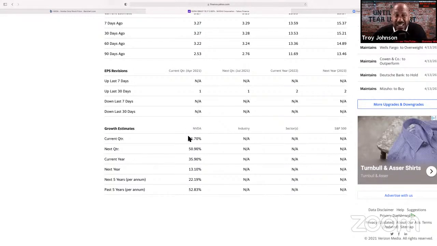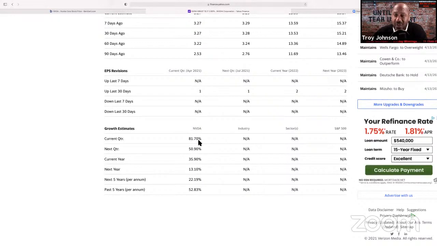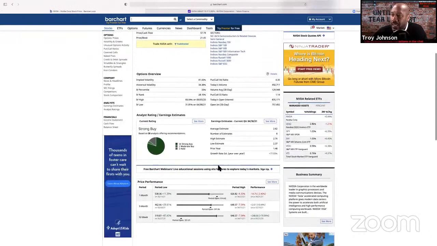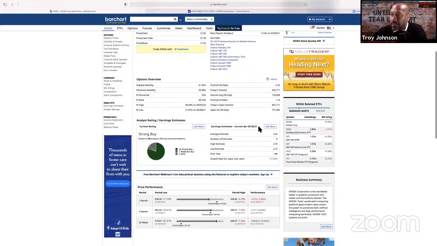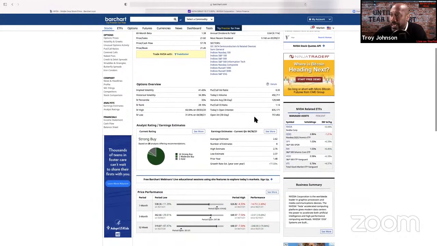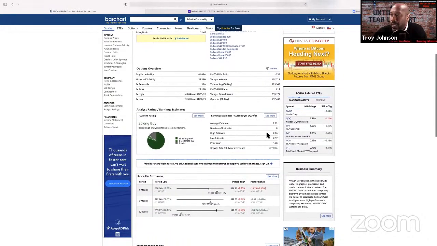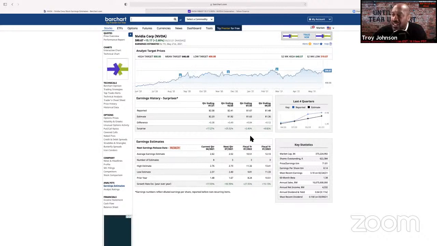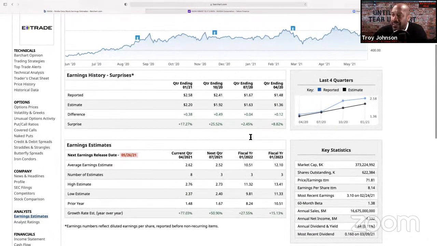And so you see a slight difference from Barchart, right? You will see these differences. Next quarter, Yahoo Finance is saying there will be a 51% growth. Let's look at what Barchart said for that. I think Barchart said something slightly different. Where was that growth rate here? Here we go, 77. I just want to show you how these different platforms differ.